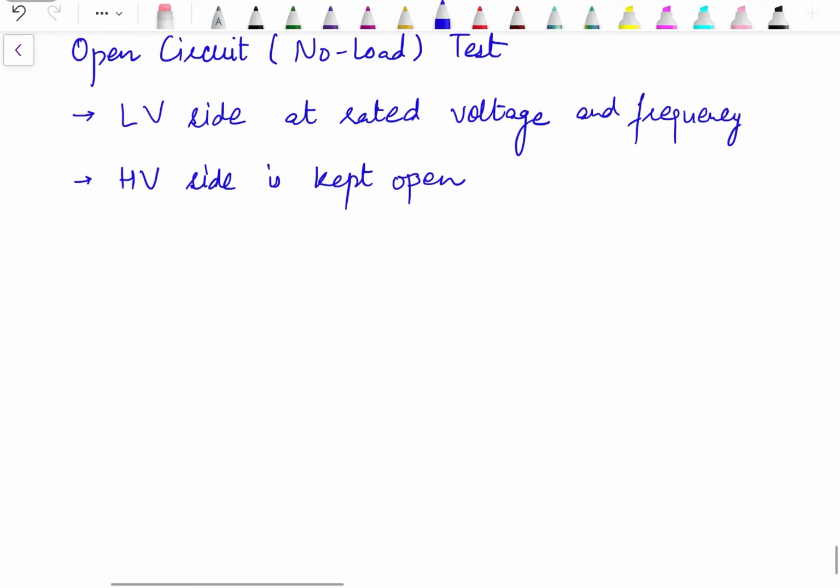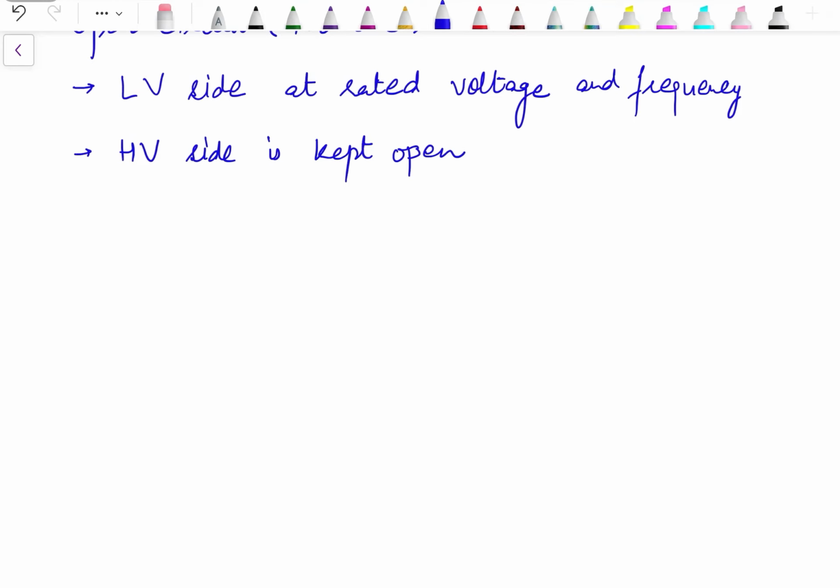So the circuit diagram for performing the open circuit test looks like this. Here we have transformer LV and HV.